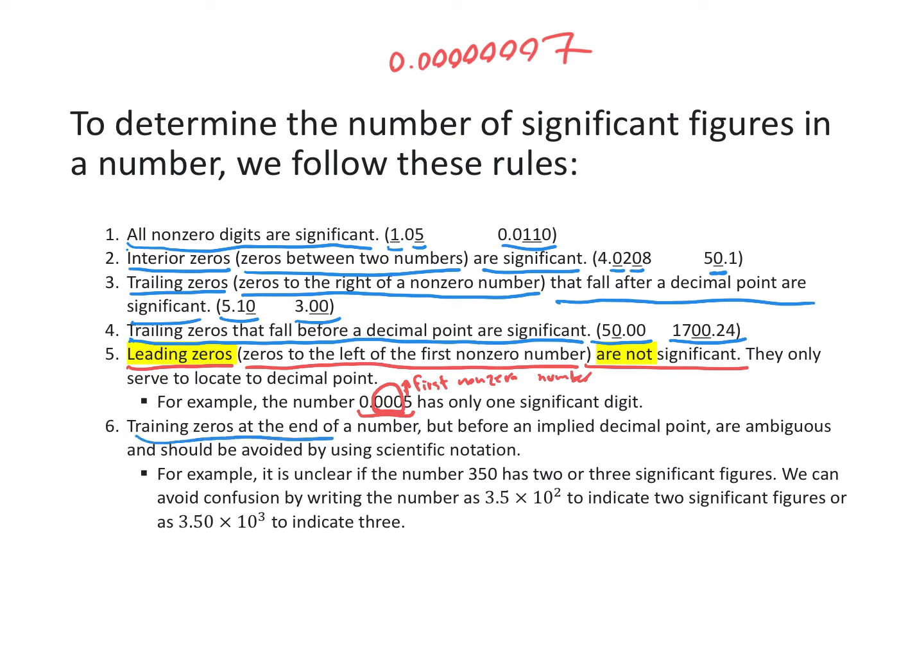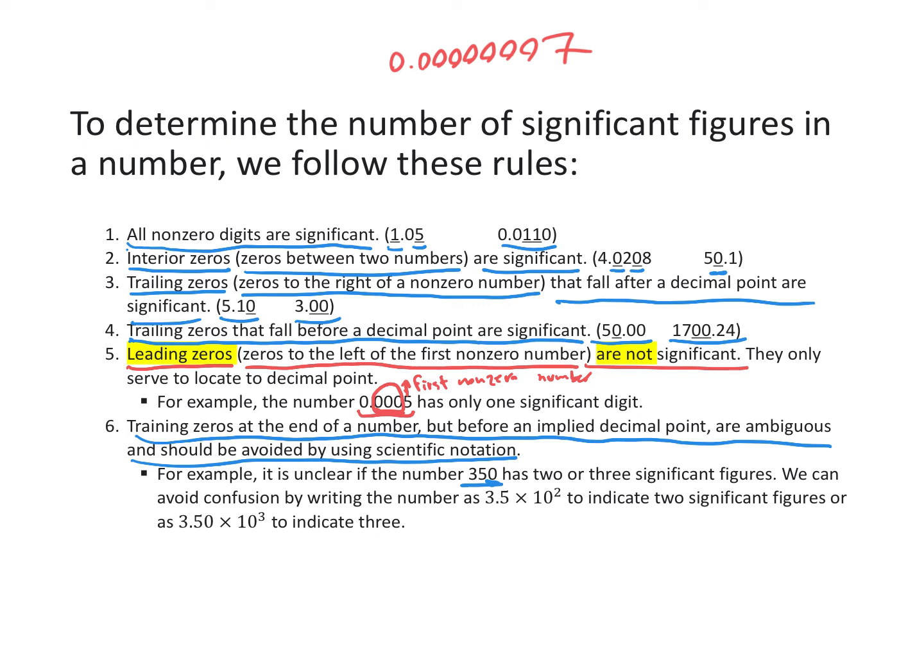Trailing zeros at the end of a number but before an implied decimal point are ambiguous and should be avoided by using scientific notation. What that means is that if I report a number like 350, this zero is ambiguous, and we don't know how many significant figures this number has.